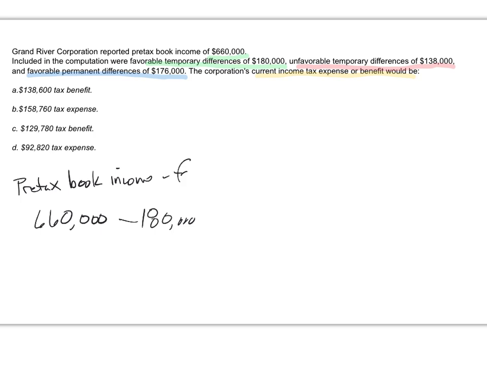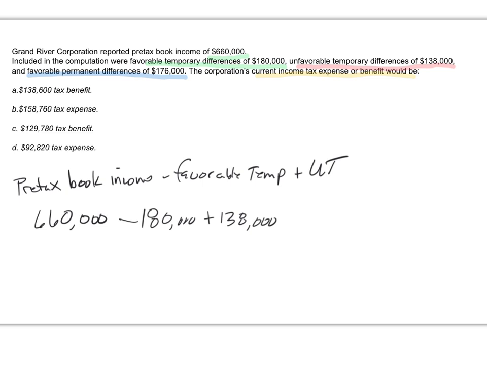So minus favorable temp, 180,000. Now we have unfavorable temporary differences, so those get added, plus our unfavorable temporary differences.